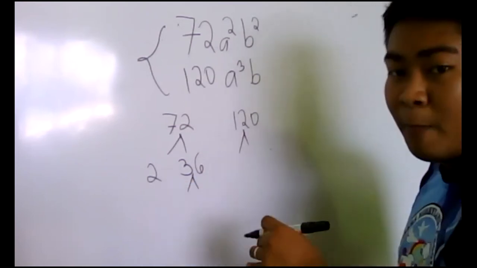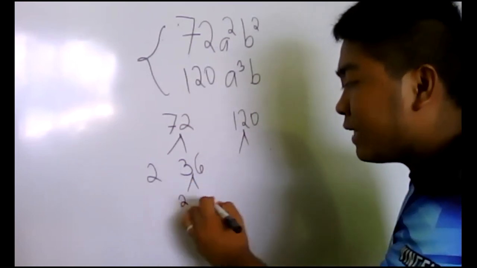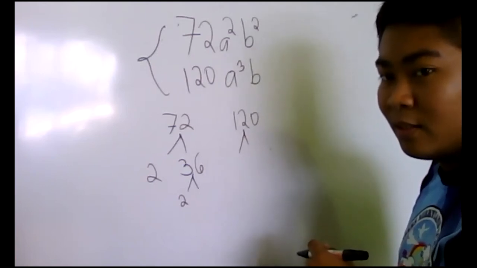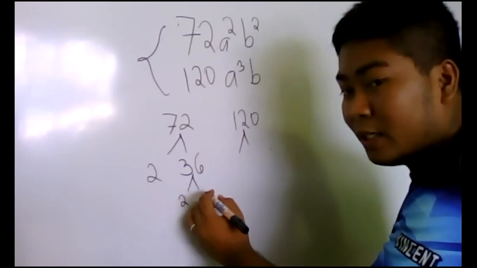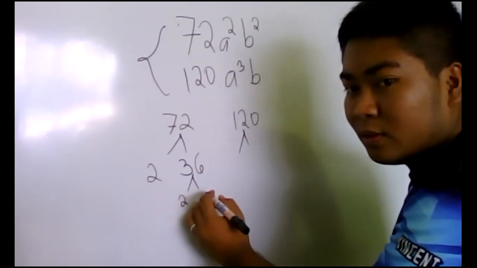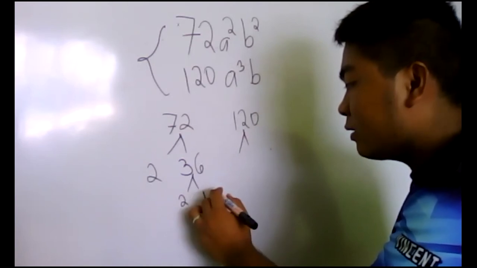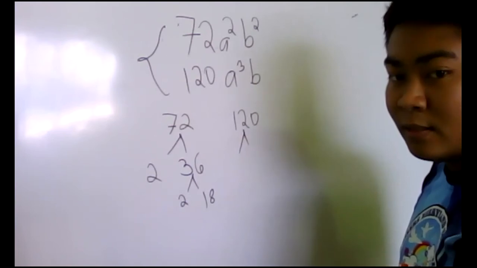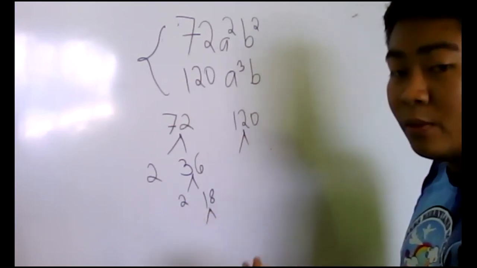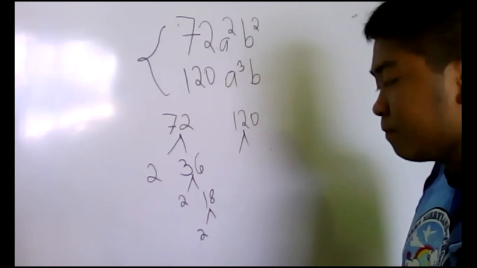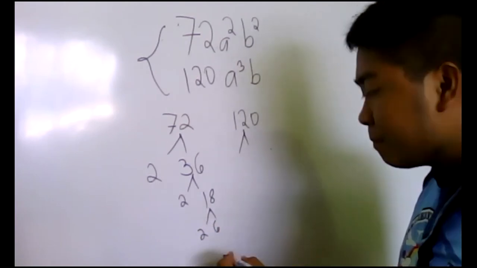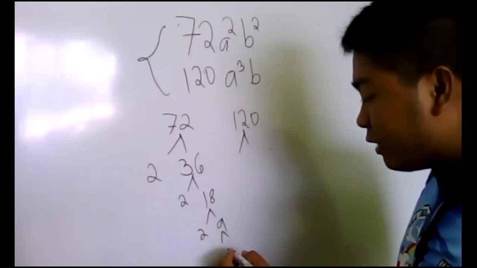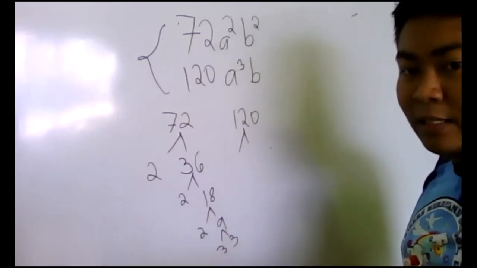So 36 can be factored into 2 times what? 18. Tama ba? Ayan, so 18. Then 18 can be factored into 2 times 9. 9 is factorable into 3 times 3.